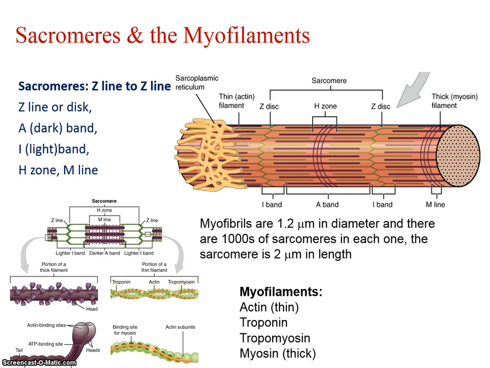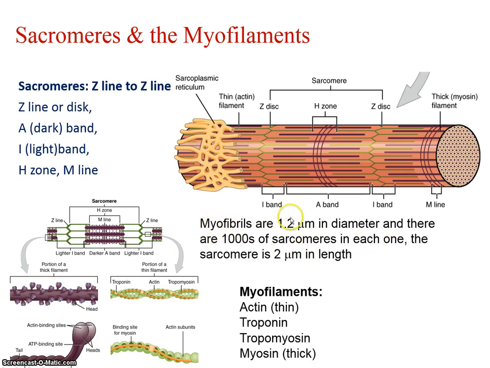Okay, so that's the overall structure, and it is a lot to know, a lot of new words, but please try to approach it very straightforward, a little bit at a time, right? So elaborating here, I say that the myofibrils, which we're seeing one myofibril here, are a little over a micron in diameter, okay? There are thousands of sarcomeres in each one, and remember there are many myofibrils.